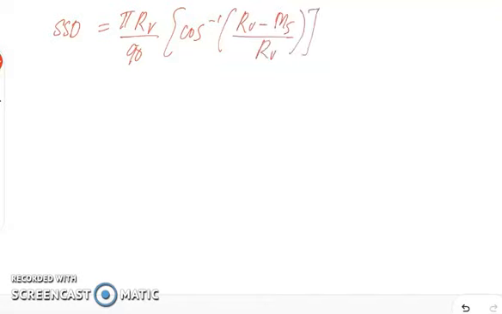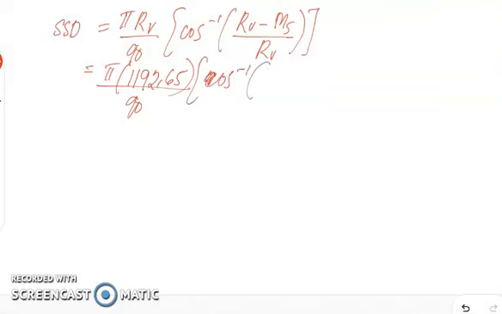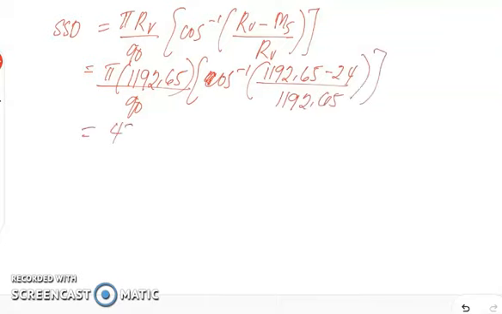So this gives us pi times 1,192.65 all over 90, then multiplied to cosine inverse times 1,192.65 minus 24 all over 1,192.65, and this will give us 479.3 feet.